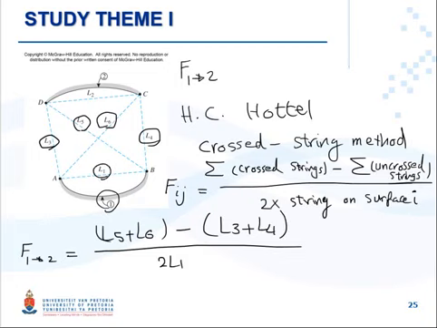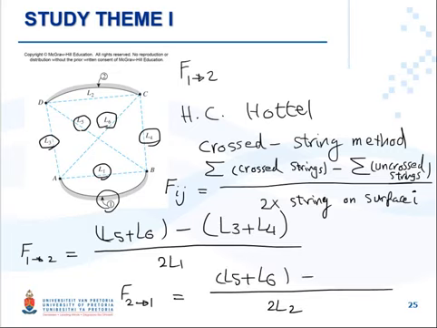So L1 is the string on surface I, L5 and L6 are the two crossed strings, and L3 and L4 are the two uncrossed strings. If we apply the same equation to F21, we can easily find that it will be L5 plus L6 minus L3 plus L4, over 2L2, because the crossed and uncrossed strings are the same.